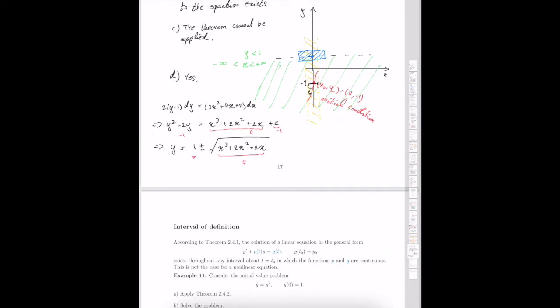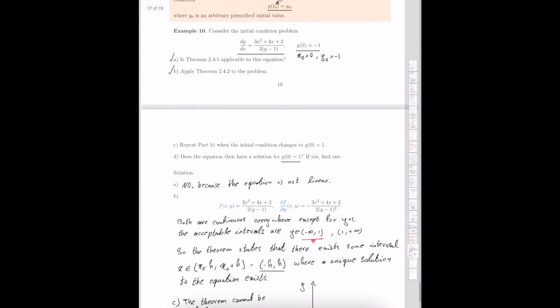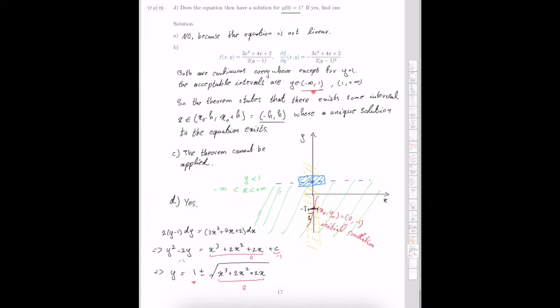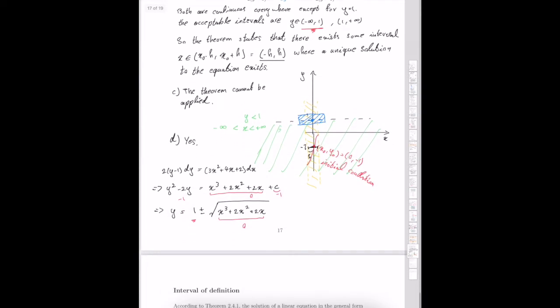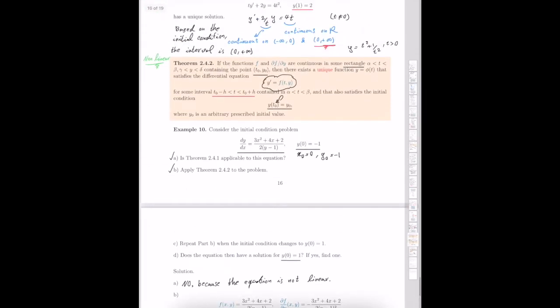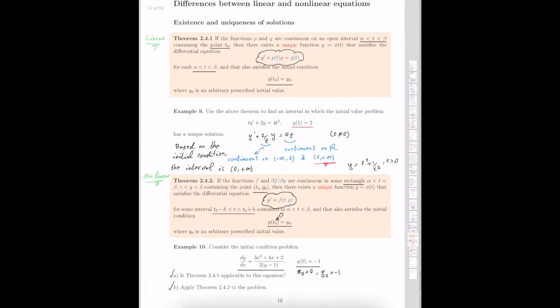Okay, so again, even though the theorem did not give any result, we could not apply it, there did exist a solution. Actually, in this case, two solutions. So this emphasizes the difference between these two theorems. The previous theorem was quite sharp.